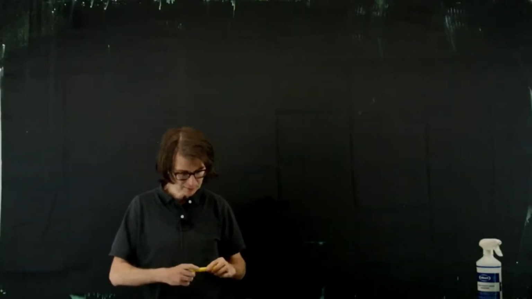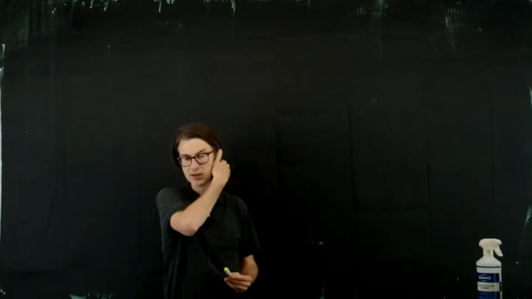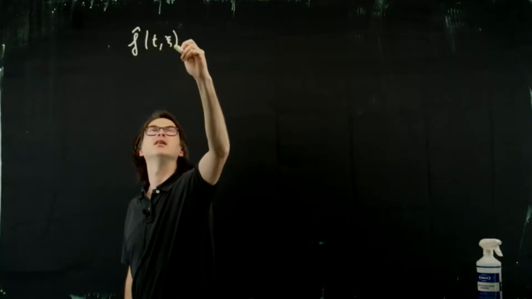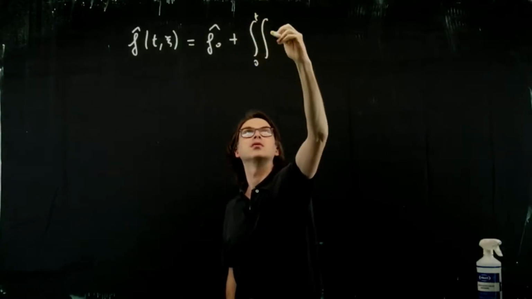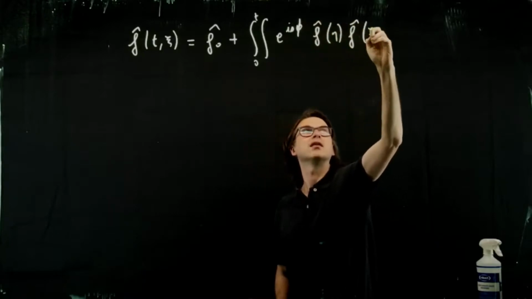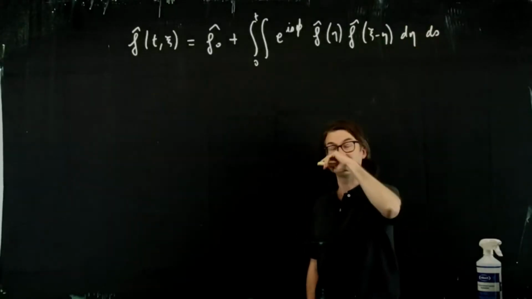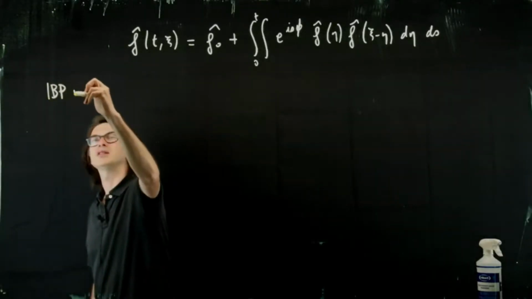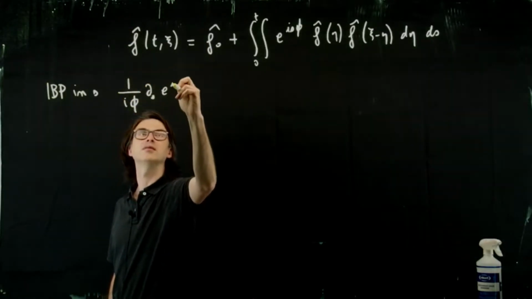Right, so here's maybe another way of looking at these normal forms in the context of nonlinear partial differential equations. If you look at f hat of t, xi equals f hat naught plus the integral of e to the i s phi, f hat of eta, f hat of xi minus eta, d eta ds, and I'm omitting some details. What you can do is integrate by parts in s using the identity.